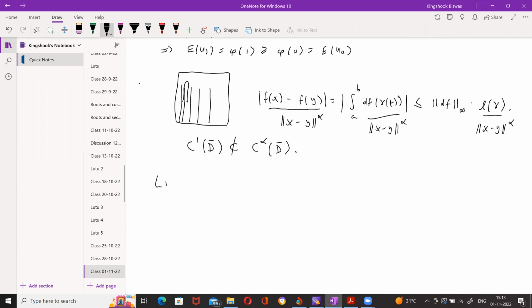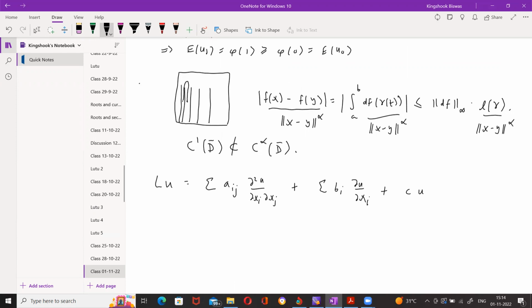LU is summation Aij del squared U over del xi del xj, plus summation bi del u over del xi, plus cu.